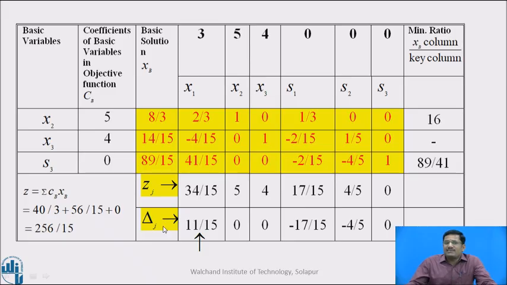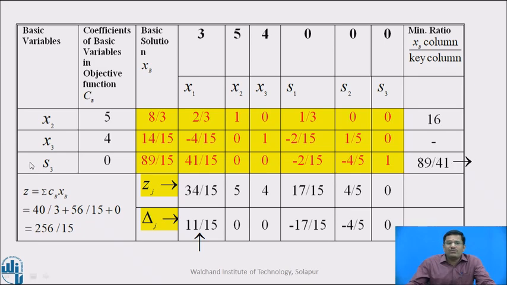In this delta j, we can see that again one positive entry exists, which indicates that some improvement is still possible in the solution. So this column represents the key column and x1 will enter the basis. To find the outgoing variable, we have calculated the minimum ratios here. Among these two, 89 by 41 will be the smallest one.